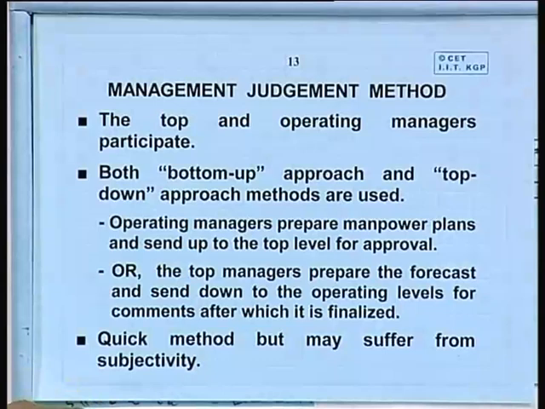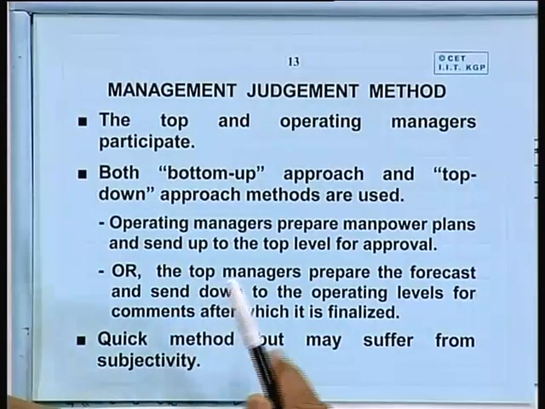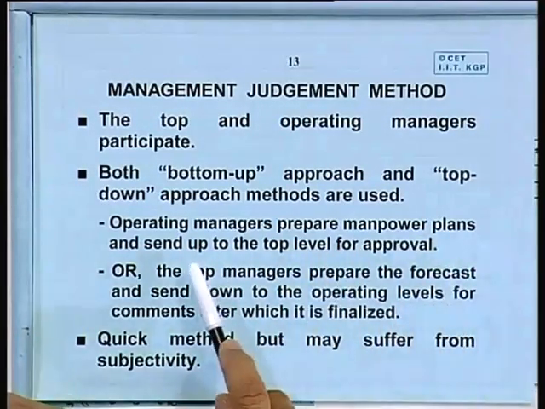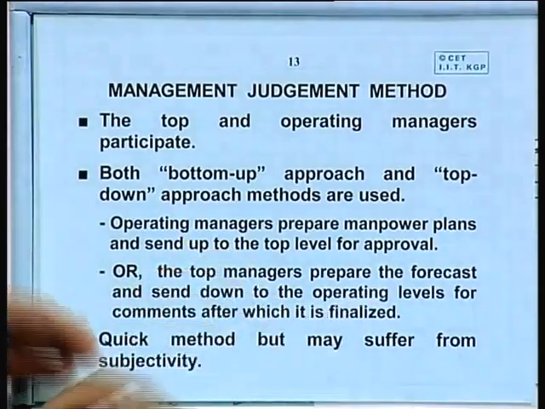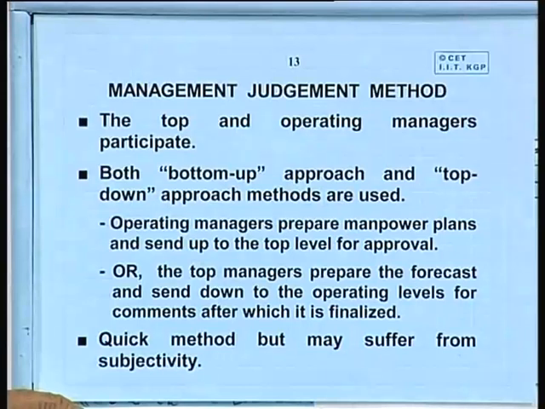So, the process may start by operating managers preparing manpower plans and sending them up to the top level for approval, and this is the normal process in normal times. In unusual times, the other process is there. That is, top people simply give a directive.